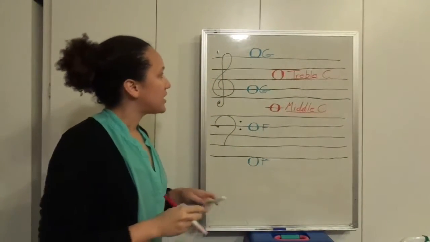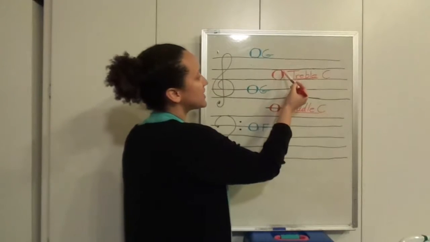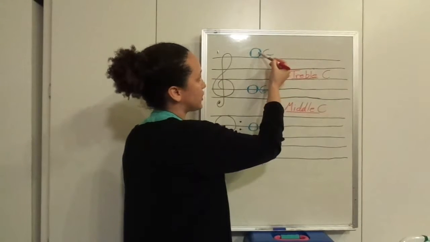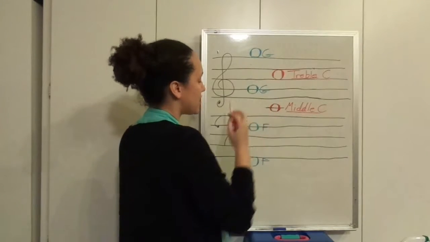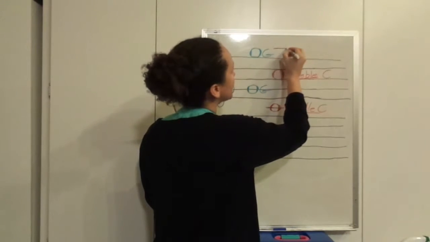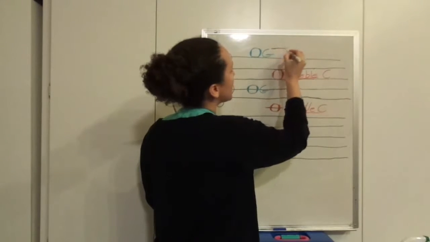Now, if we go up from there, C, D, E, F, there's our G on the space. Now if we wanted to go higher, then we'd have to put another little line. These are actually called ledger lines.